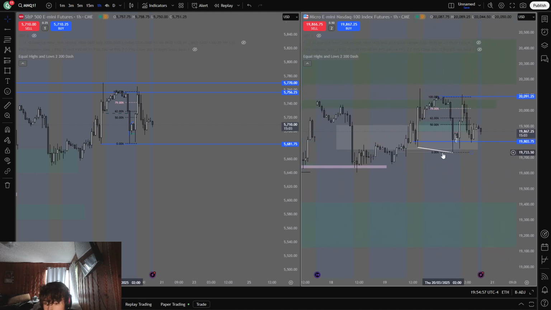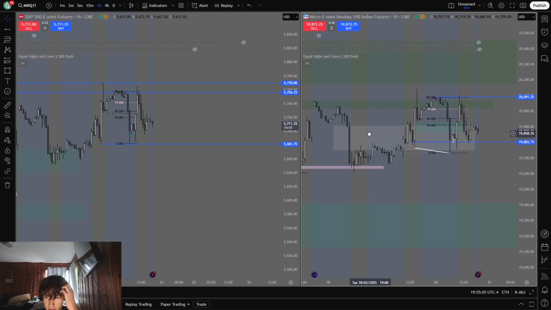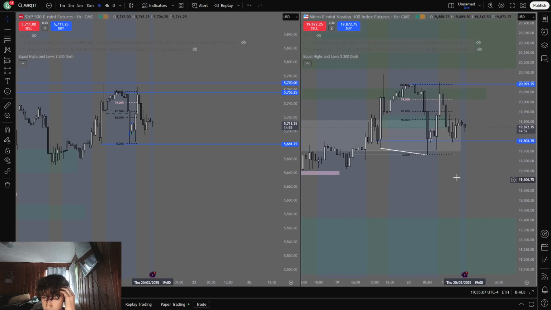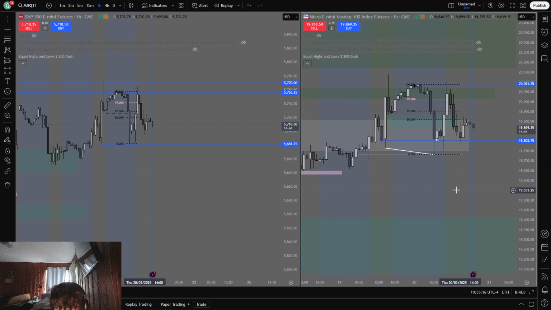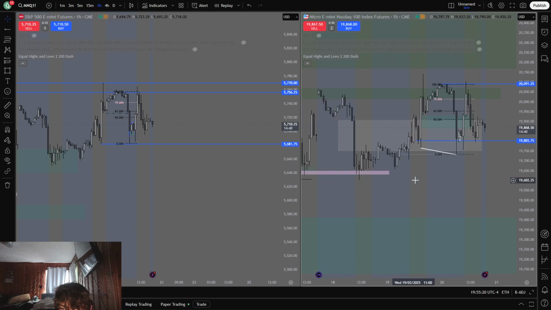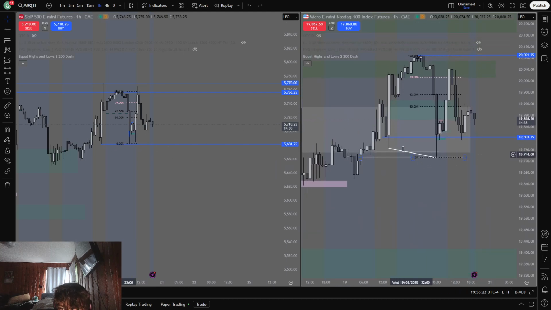So what happens? On the hourly we inverse this right here, that gray square. And we put in the SMT, right? So that takes us higher at the lows, right? Pretty prominent amount of liquidity taken.